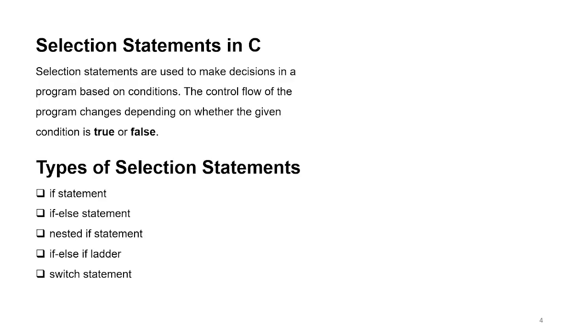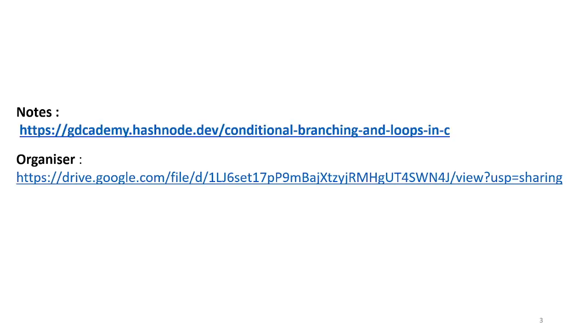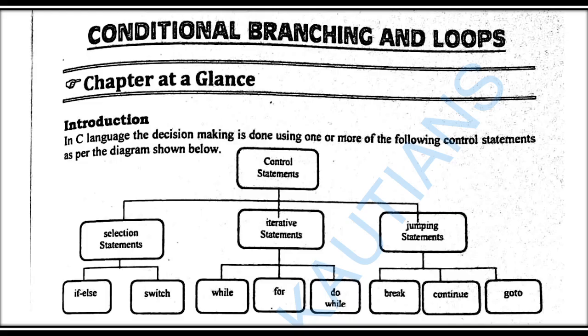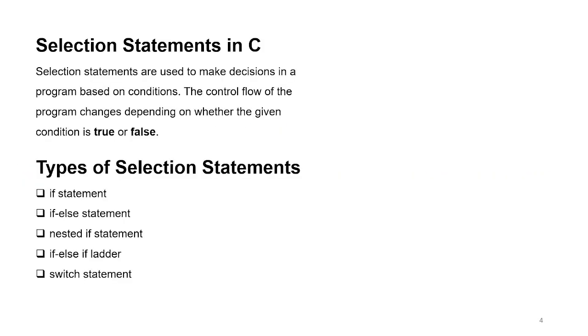Okay, so that's the definition. You can write it by yourself also, as I have taught you. Now, types of selection statements. In the slide they have told if else and switch, but we will be doing these: if statement, if else statement, nested if statement, if else if ladder, and finally switch statement.